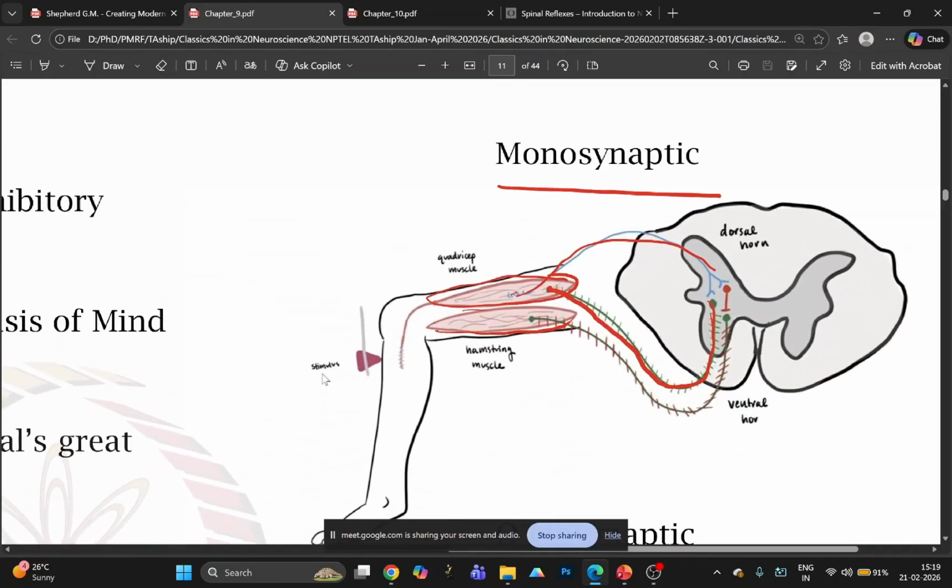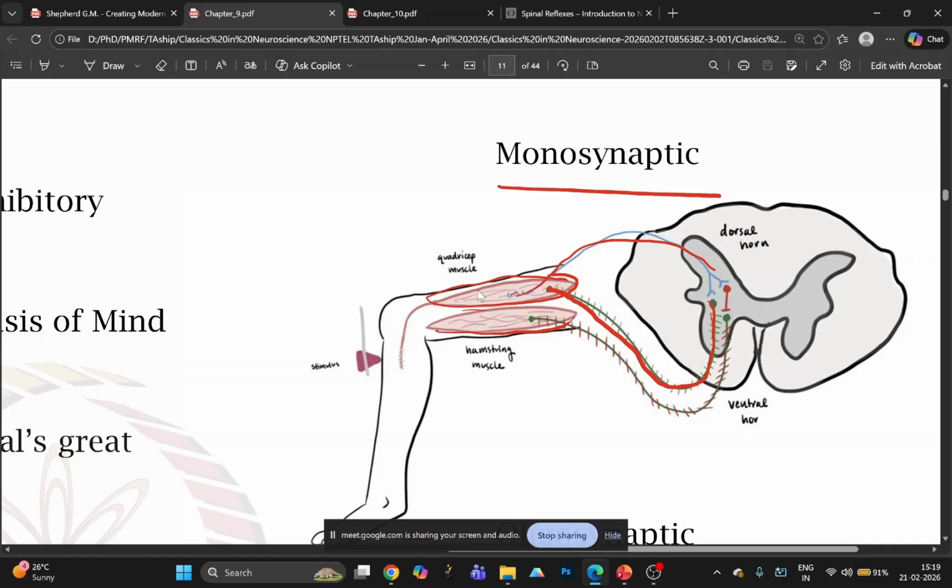I'm explaining the tendon tap reflex action, which most of you would have come across at some point during your high school. When the tendon is tapped lightly, there is a stimulus.